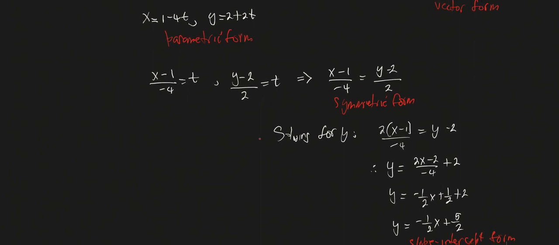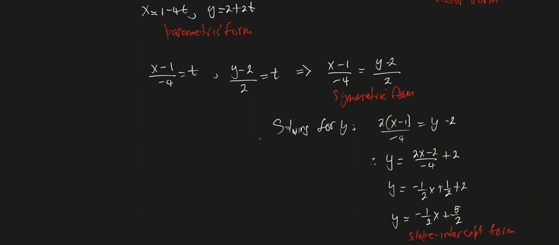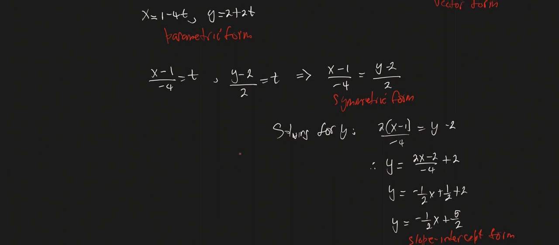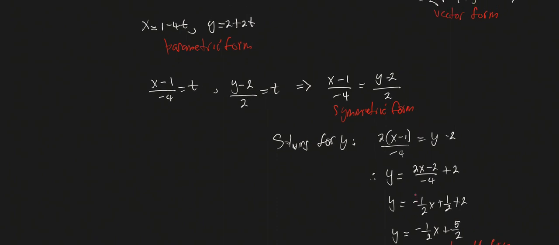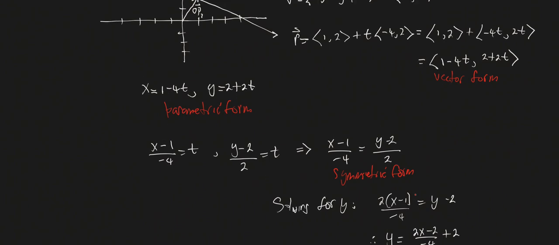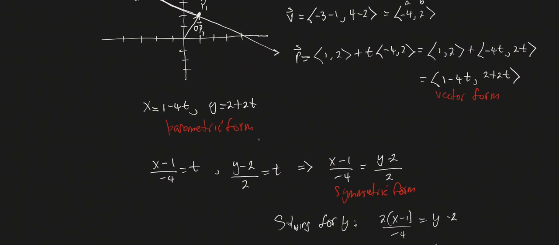Having all these forms just shows you how versatile the representation of a line can be. And the good news is going from R2 to R3 is just as easy. The only thing though is that in R3 there is no concept of a slope-intercept form for a line. So in R3, we're only going to end up getting the vector, parametric, and symmetric forms.